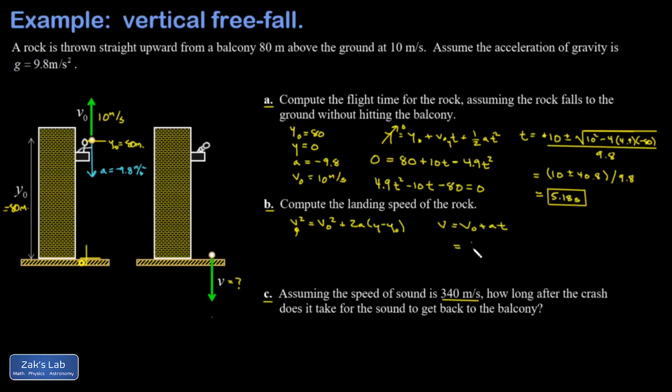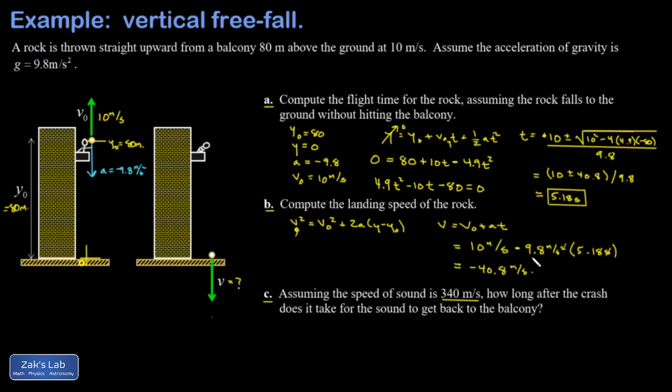So my initial velocity was 10 meters per second. My acceleration again is negative 9.8. The time for the process, 5.18 seconds. I can follow the units here and verify that I get meters per second. And to 3 sig figs, I get negative 40.8 meters per second.